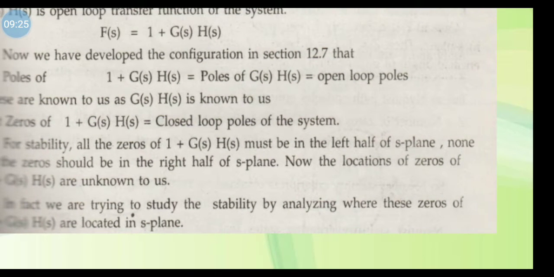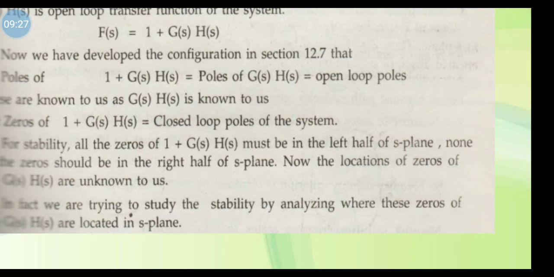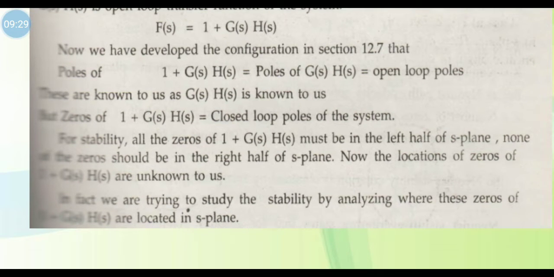The locations of the zeros of 1 plus g of s h of s are unknown to us. So there is a need to study the stability by analyzing where the zeros of 1 plus g of s h of s are located in the s plane.